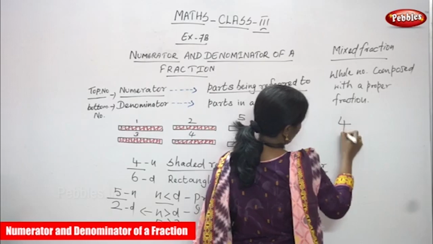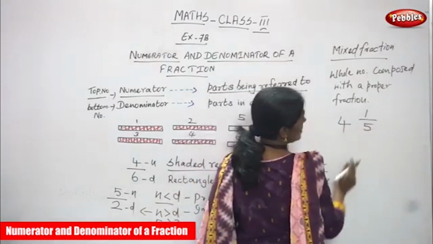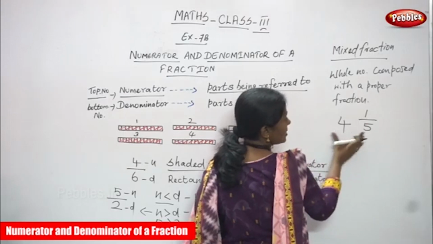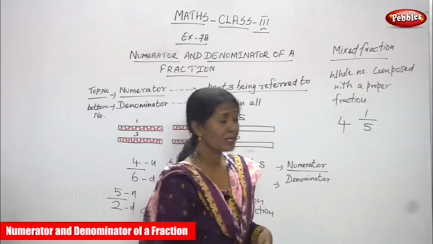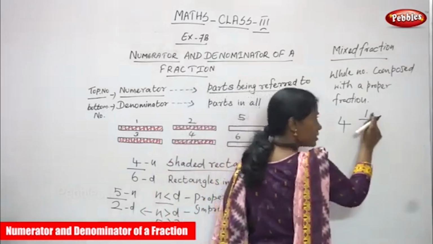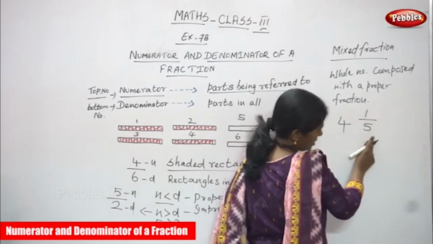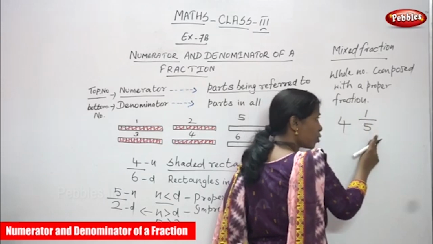For example, 4 is a whole number and 1 by 5 is a proper fraction. These are combined together, mixed with, or composed, all the same meaning. 1 is the numerator and 5 is the denominator. The top number is the numerator and the bottom number is the denominator.